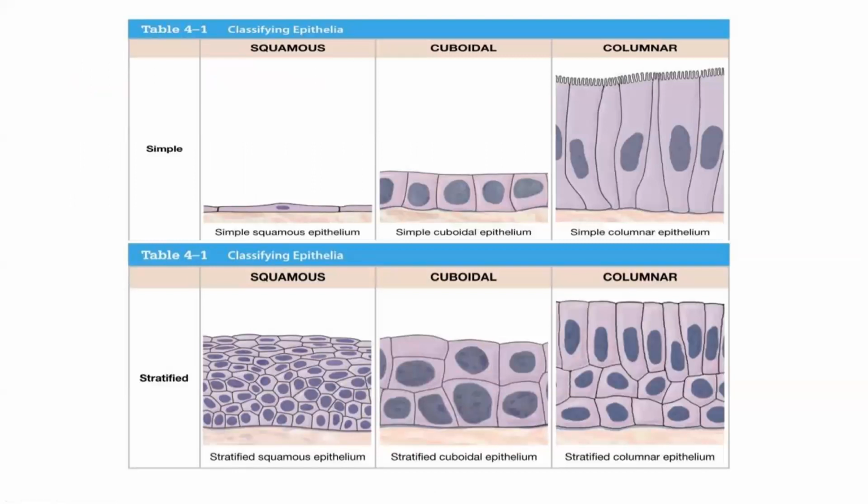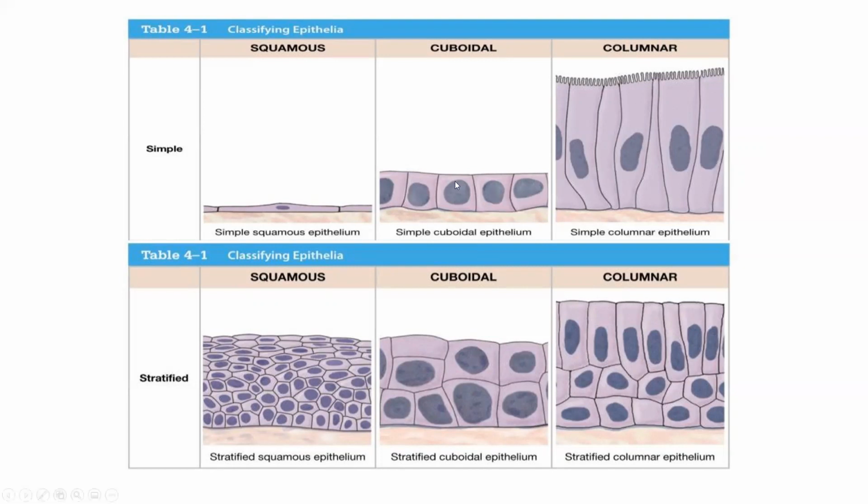The next two questions we ask ourselves when it comes to describing or identifying epithelial tissue is how many layers you see. And what I strongly advise my students to do is to look for the nuclei, layers of nuclei, to help you answer this question.